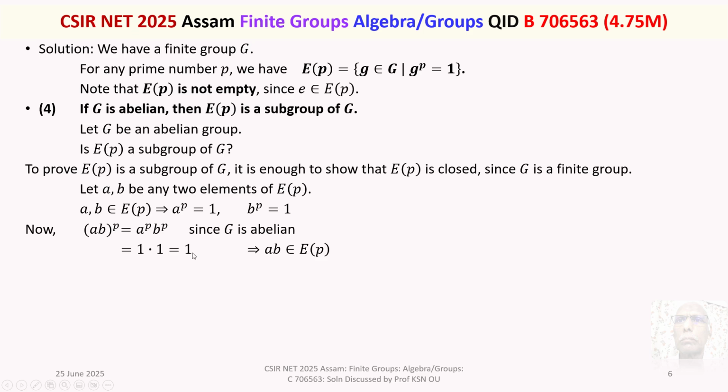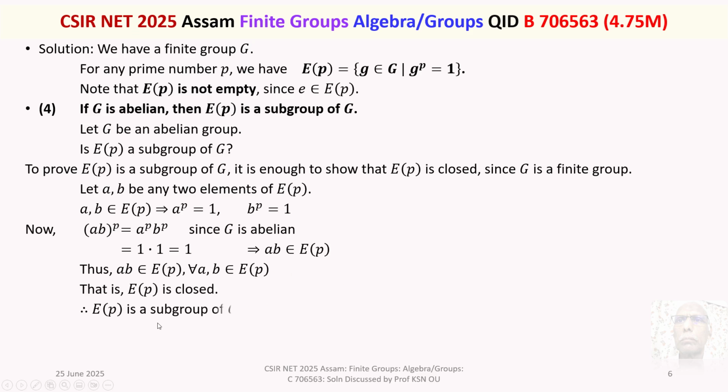So, this means ab belongs to E of P. Thus, the product ab belongs to E of P for all elements a, b belongs to E of P. That is, E of P is closed. Therefore, E of P is a subgroup of G. So, this proves option 4. We move to the next slide for the discussion of the remaining options.